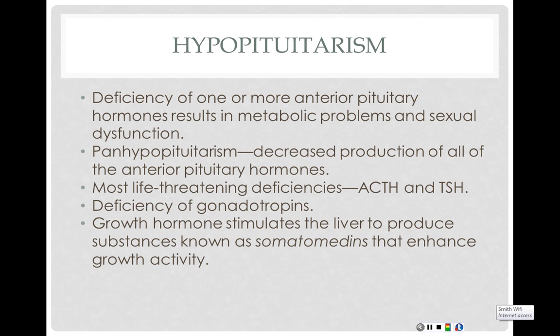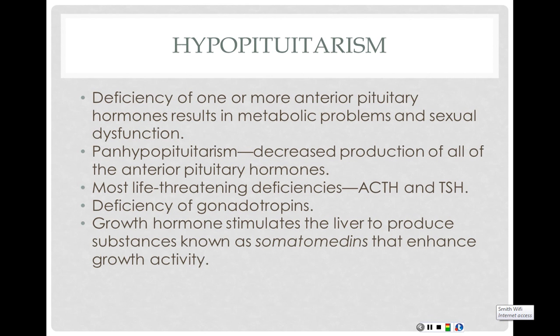If you'll remember our little sentence, "Man to a 10, Lawson feels pretty good," all of those different hormones that we learned about that are secreted by the anterior pituitary gland, well, if it's panhypopituitarism, then the person will have a decreased production of all of those hormones.